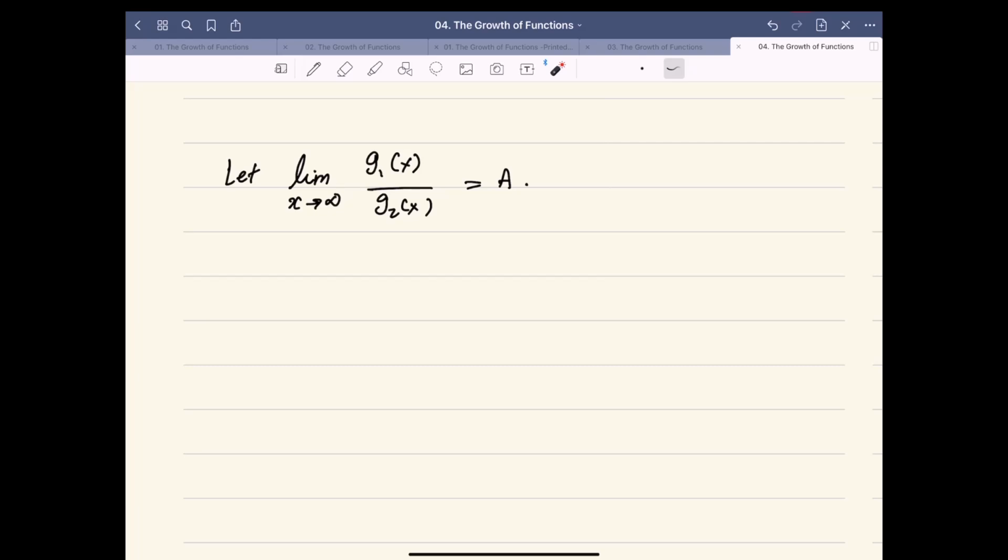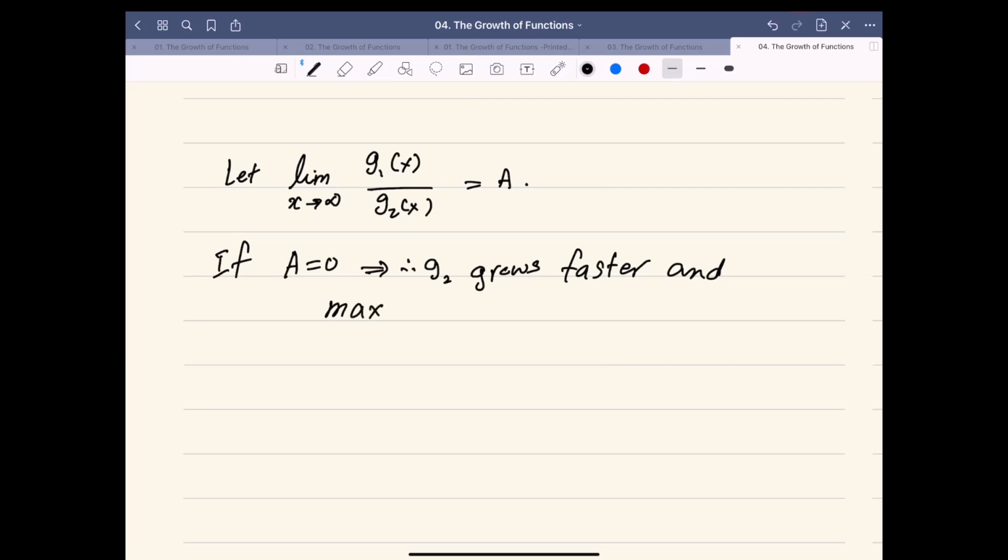So here we write: if a is equal to 0, then g2 grows faster and the maximum between g1 of x and g2 of x will be equal to g2.